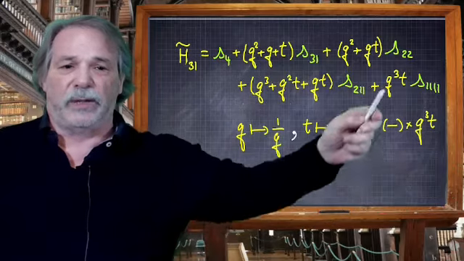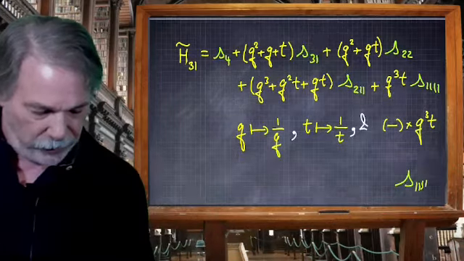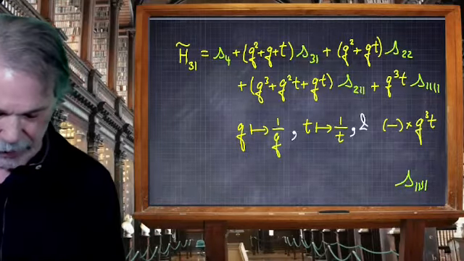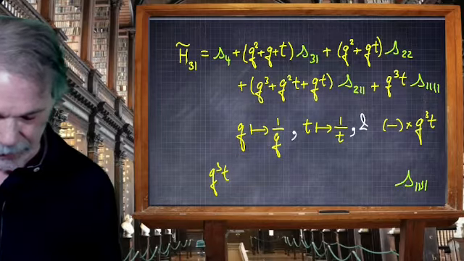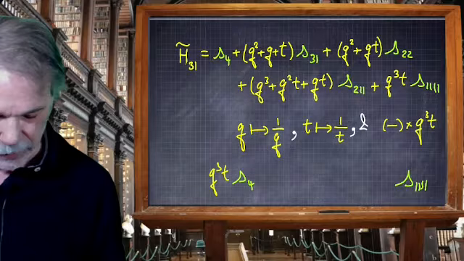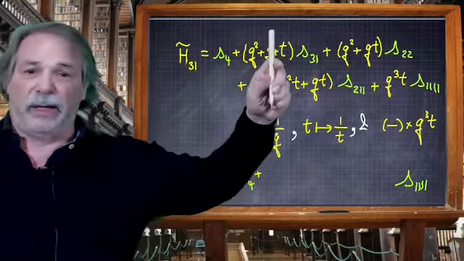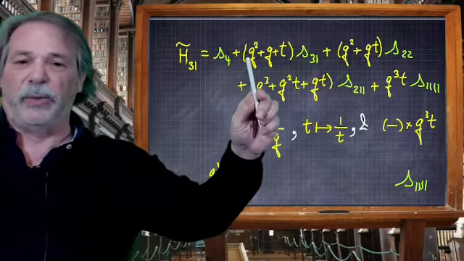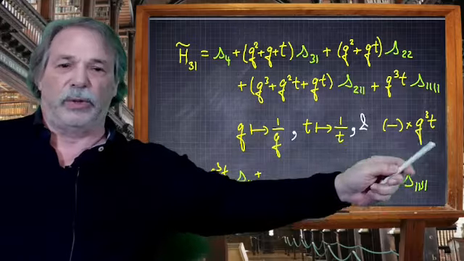So this final one will give you s 1, 2, 3, 4, and the first one here will be q cubed t s 4. And in between, let's do just one of them: here I'm multiplying what happens when I replace q by 1 over q and t by 1 over t with q cubed t.